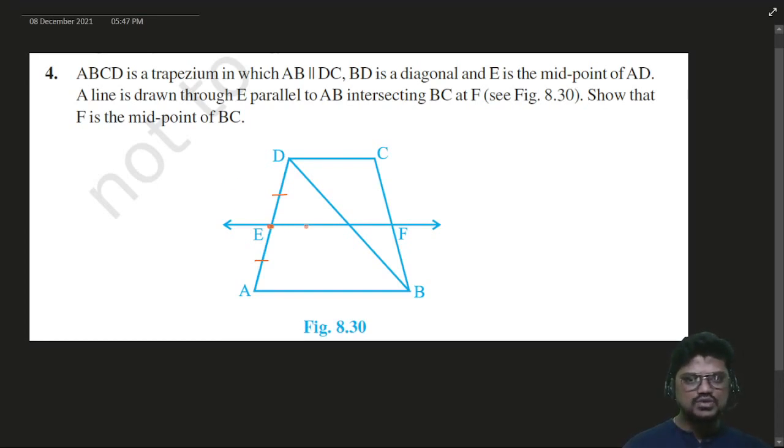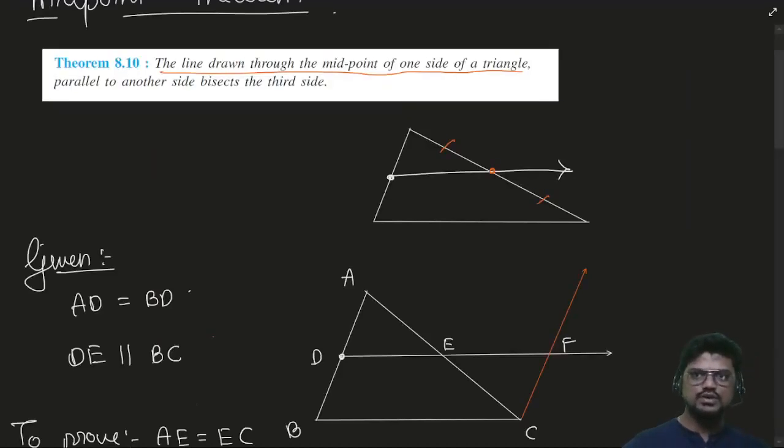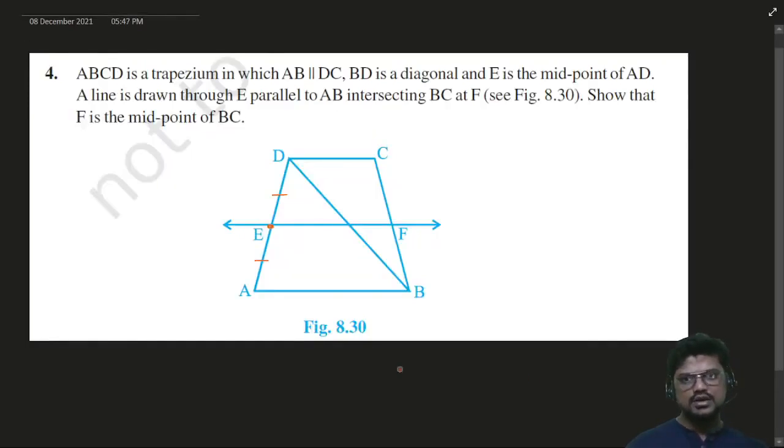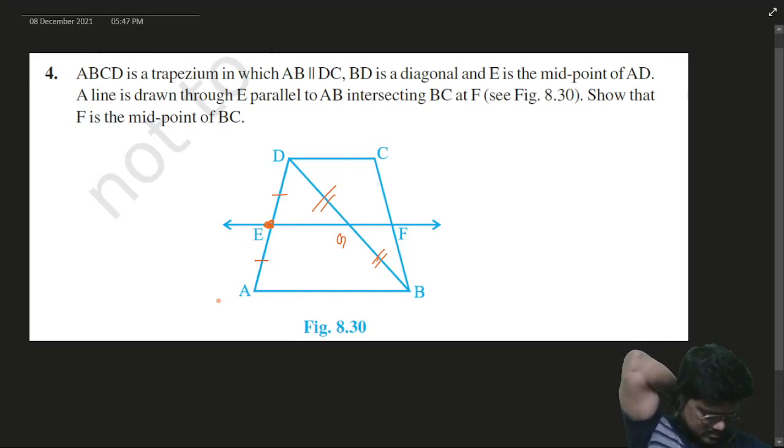And if a line is drawn parallel, there is a statement over here: a line drawn through the midpoint of one side of the triangle parallel to another side bisects the third side. We know this as a statement. Therefore, if a line is drawn parallel to the third side, it will bisect the third side if it is drawn from the midpoint of one side. That means this will be equal to this, that is DG will be equal to BG. Got it? Yes or no?